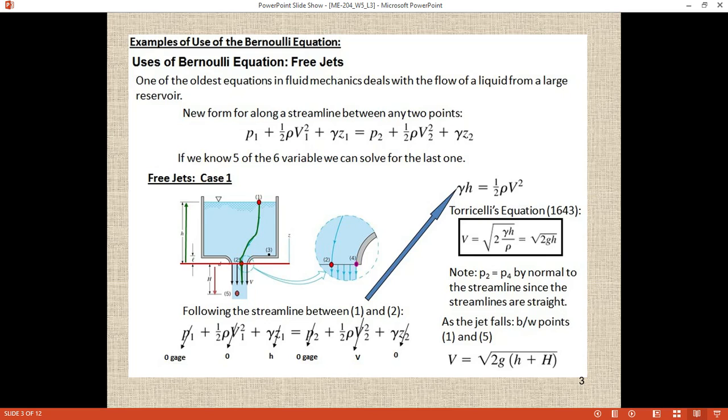One of the oldest equations in fluid mechanics deals with the flow of a liquid from a large reservoir. In case of a large reservoir, as you can see in the picture here, this is a very big reservoir and there is an outlet.